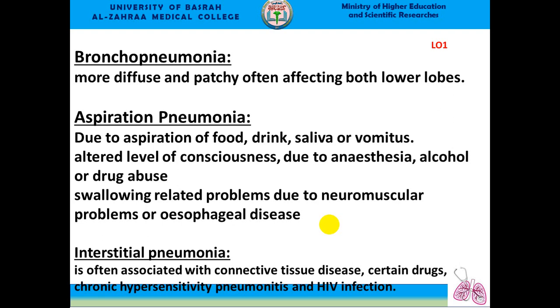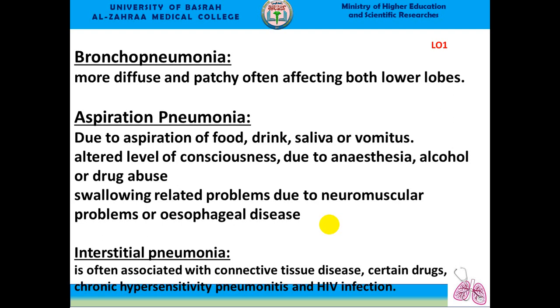Another cause for aspiration pneumonia is swallowing-related problems due to neuromuscular disease, such as myasthenia gravis or motor neuron disease affecting the muscles of swallowing. Again, those with esophageal disorder, a problem with the esophagus, might have aspiration pneumonia.